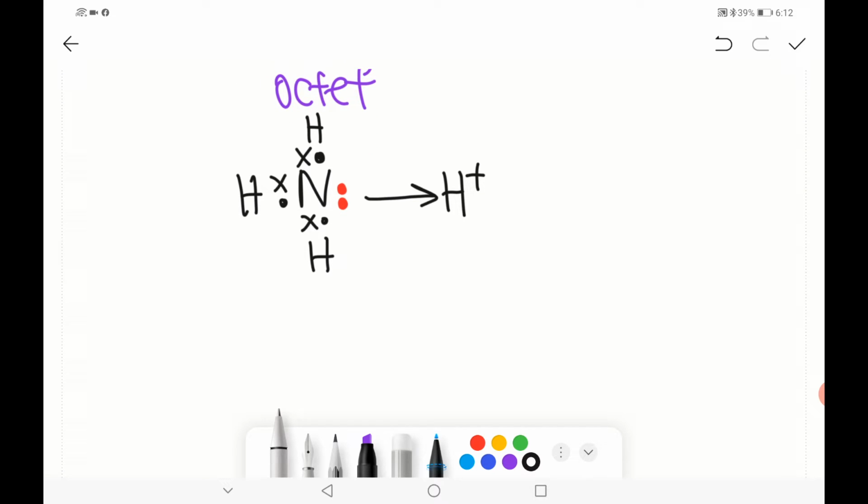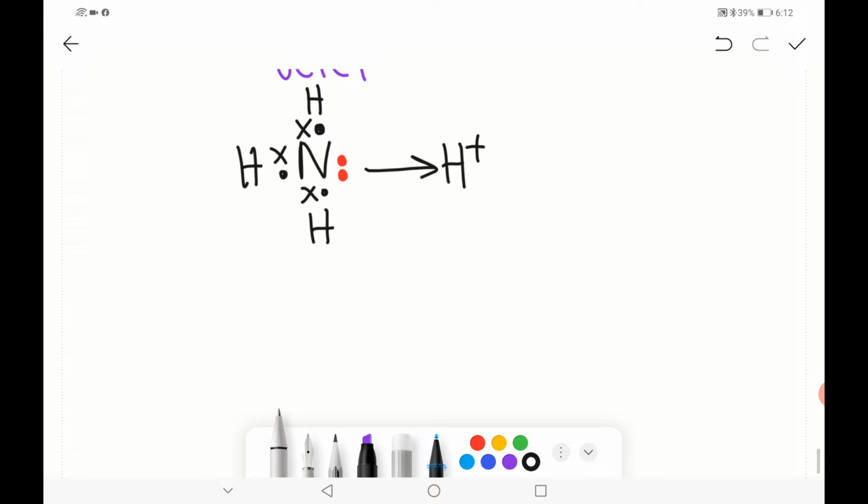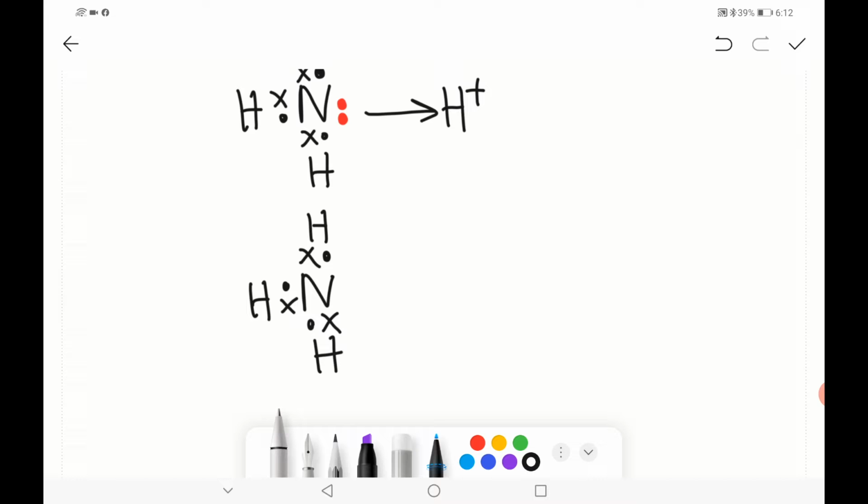When nitrogen gives the electrons to the H plus, you will get something like this. This is nitrogen. This is the covalent bond you form with the hydrogen, which is not our main concern for now. This pair of electrons is now shared between nitrogen and the H plus ion. These 2 electrons are shared by the nitrogen and the H plus ion.